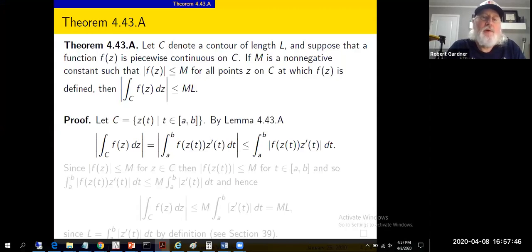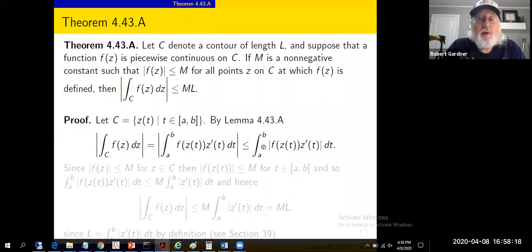So with the contour parameterized as z of t, with t ranging from a to b, the integral over C of f of z dz is rewritten as an integral from a to b of f of z of t times z prime of t dt, by the definition of such integrals. In the previous result, we saw the modulus of the integral of w of t is less than or equal to the integral of the modulus of w of t.